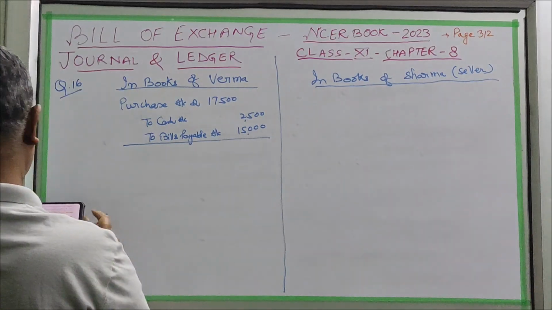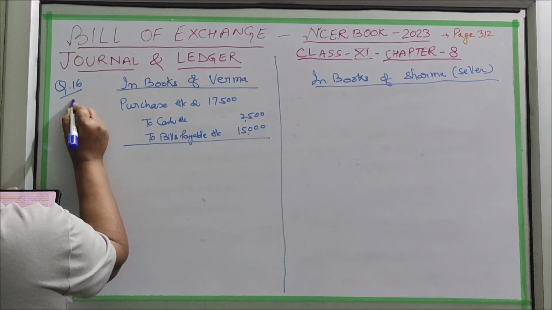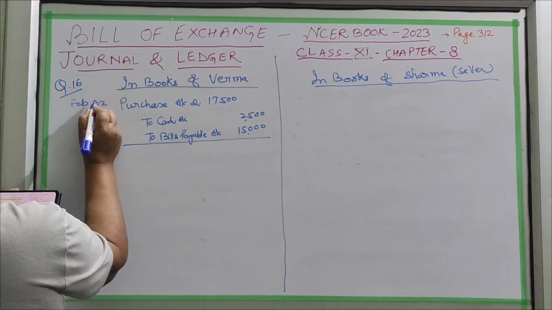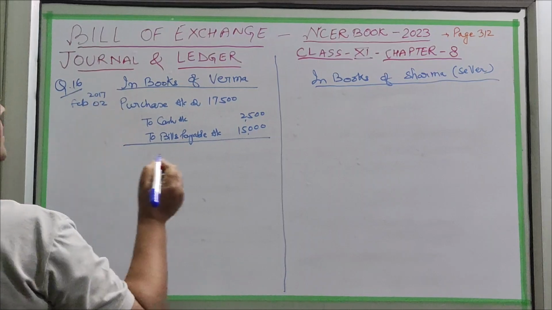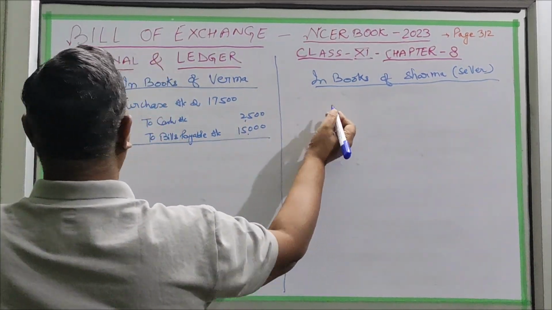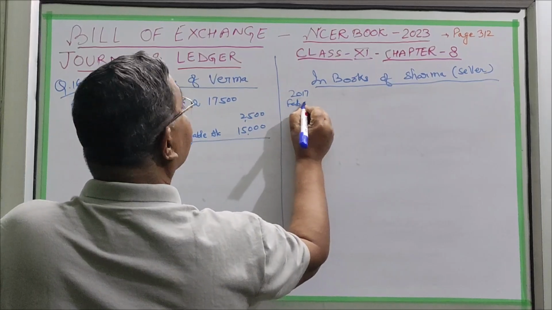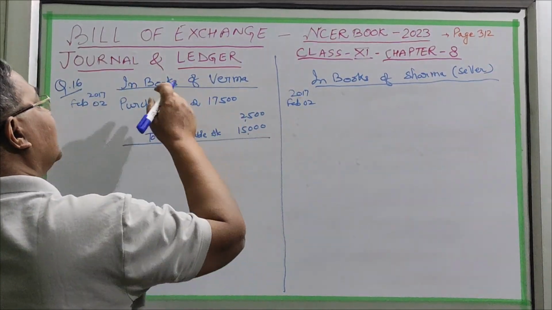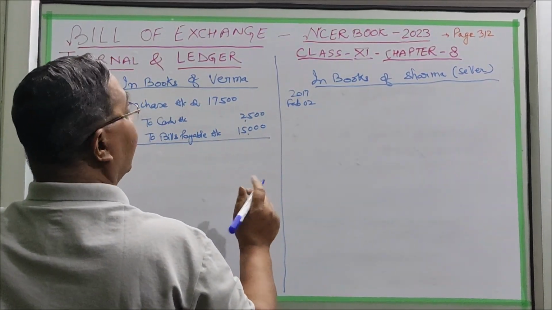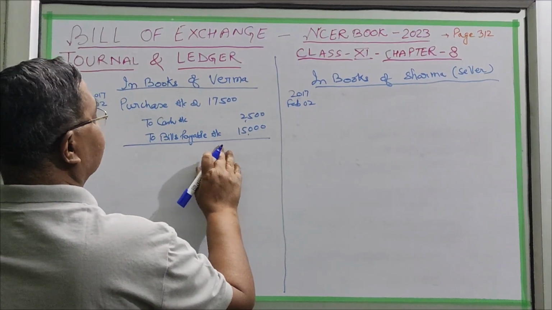Okay, here this is on February 02, 2017. So here what will happen? On 2017 February 02, he has sold the goods and received this.